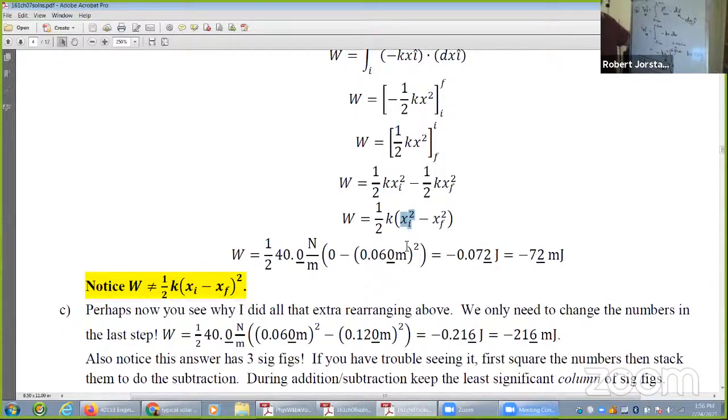If you stretch it twice as far, shouldn't you get twice? No, it depends on the initial position and the final position. In general, if you start at the same initial position of 0 and stretch it twice as far, you should get 4 times the work. But if you start at different initial and finals, there's no reason to think there's some obvious correlation here. So watch out for that.